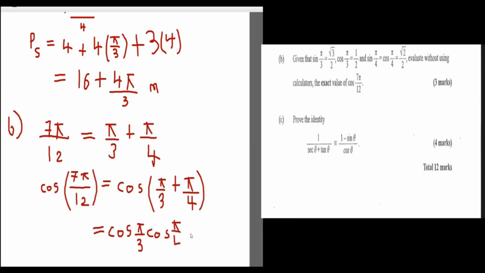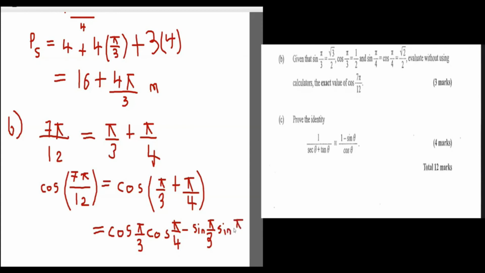All right, we know these formulas. We know all the compound angles and all the double angle formulas. So that's all we're applying.